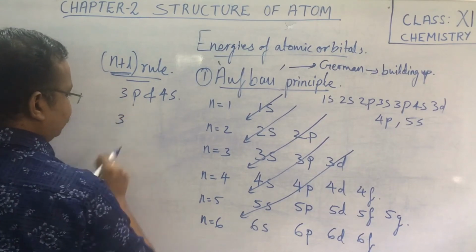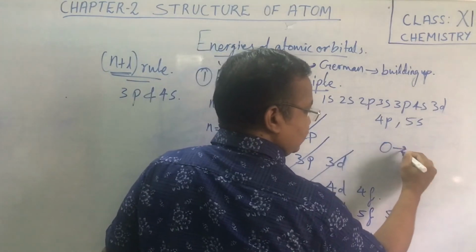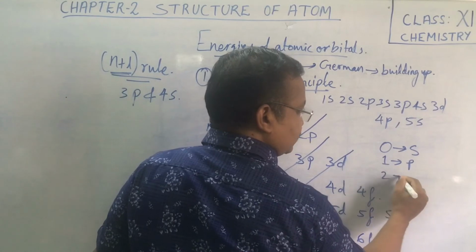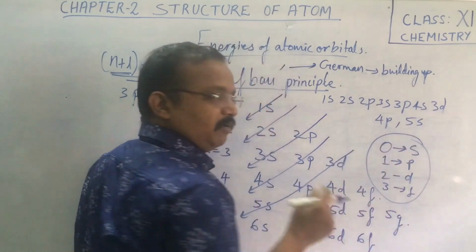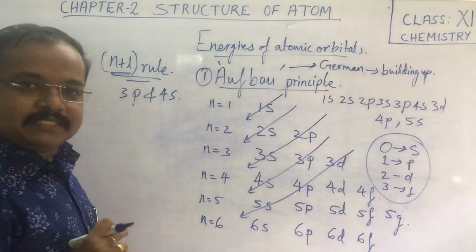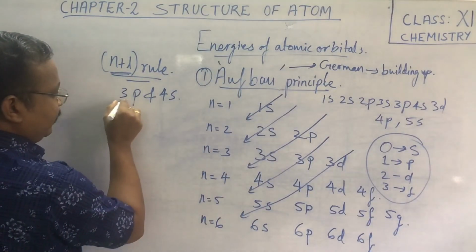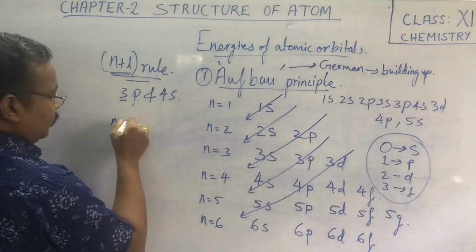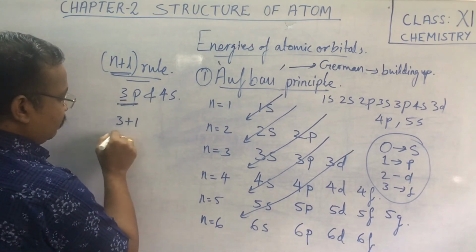Let me write before that. You have already studied that 0 represents the s orbital, 1 represents the p orbital, 2 represents the d orbital, and 3 represents the f orbital. You must remember these values very nicely, children, because these values are used in the n plus l rule. For 3p, 3 is the n value and the l value is 1, so 3 plus 1 is equal to 4.